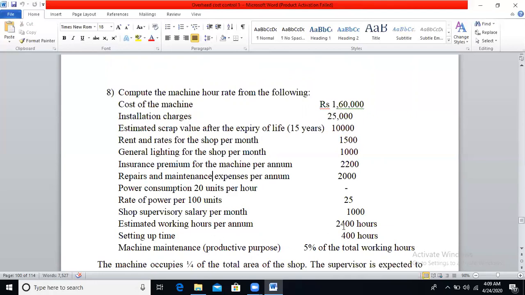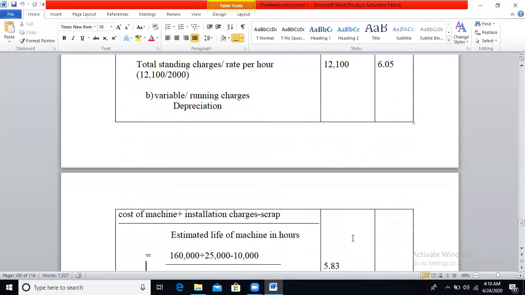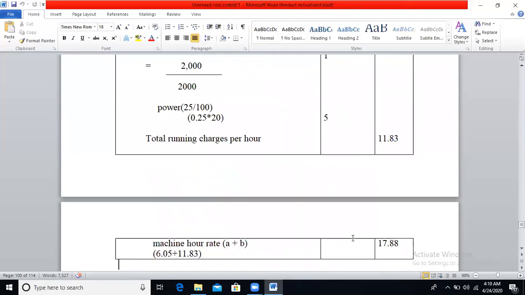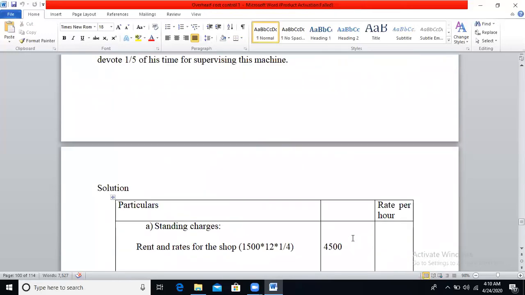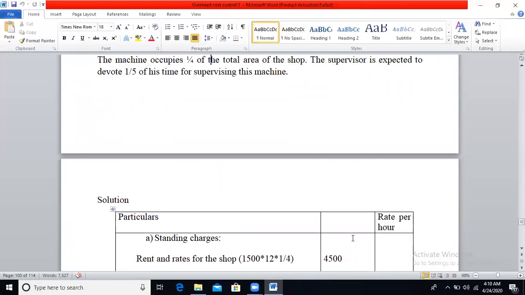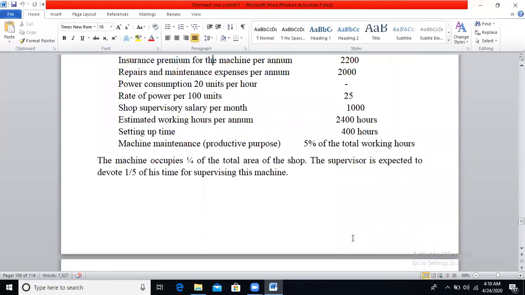You have to calculate working hours of the machine: 2400 hours minus setting up time 400 hours. So working hours will be 2000 hours.